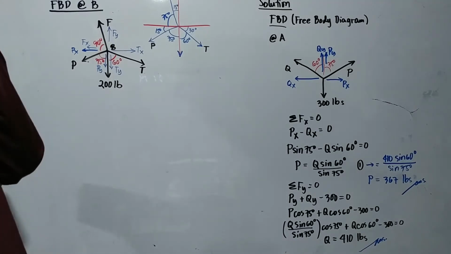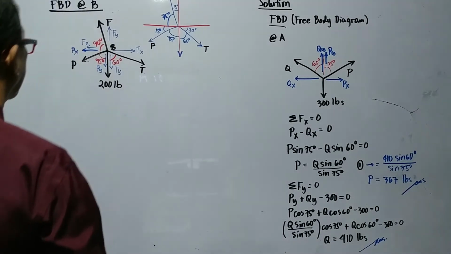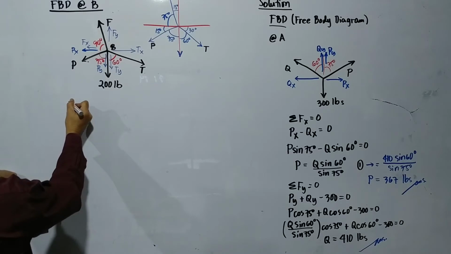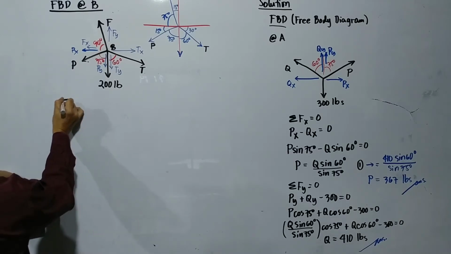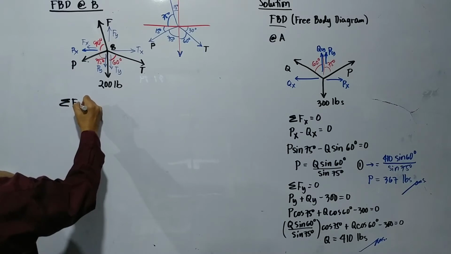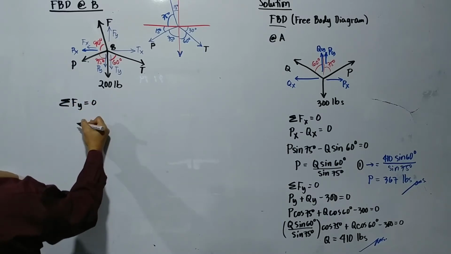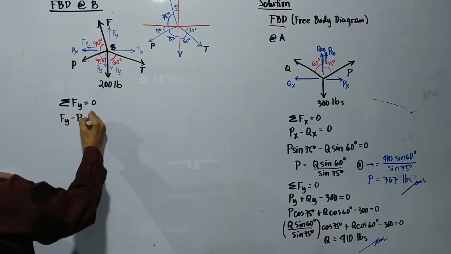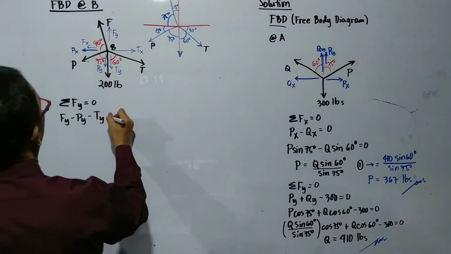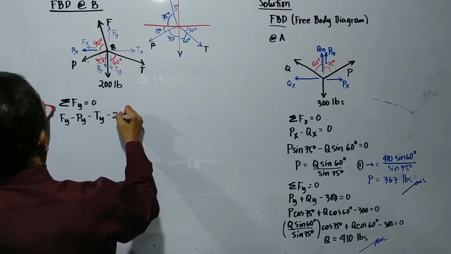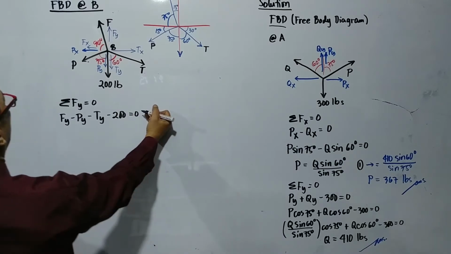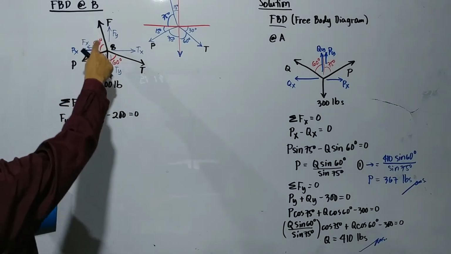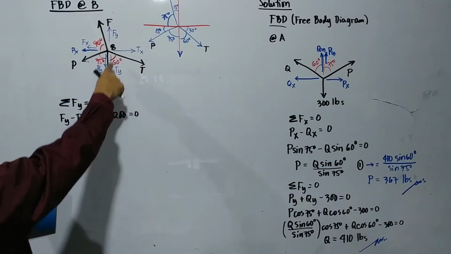So it is just summation of forces. Summation of forces along Y, we have Fy minus Py minus Ty minus 200 equals 0. To double check, just count the forces: 1, 2, 3, 4. So four.